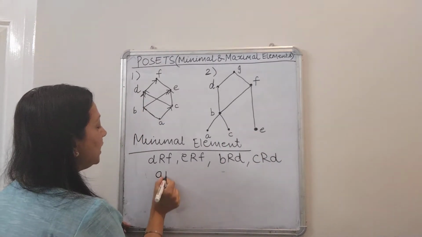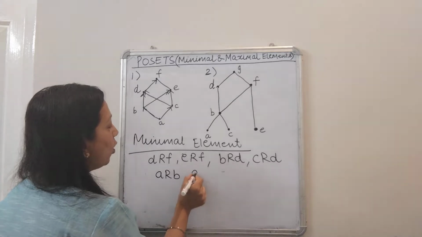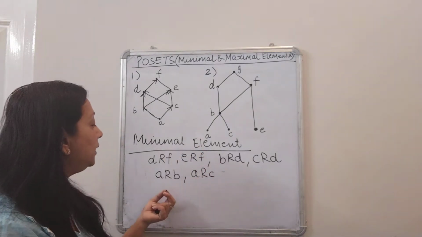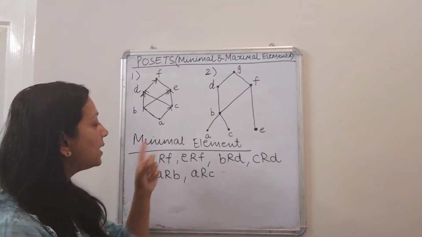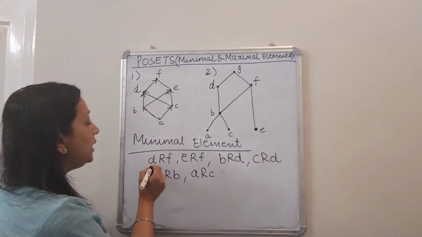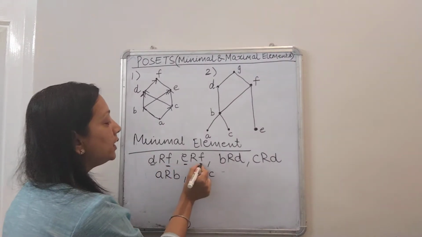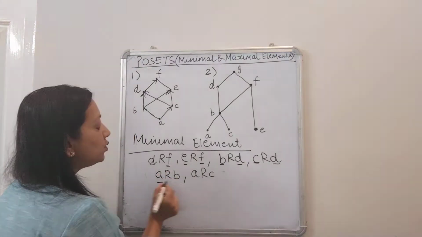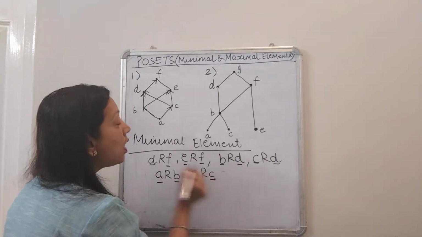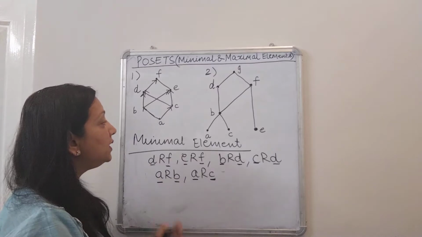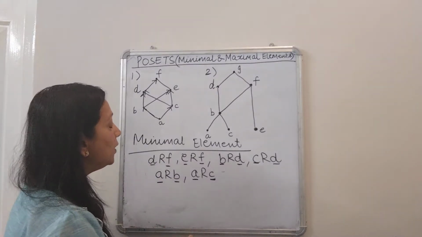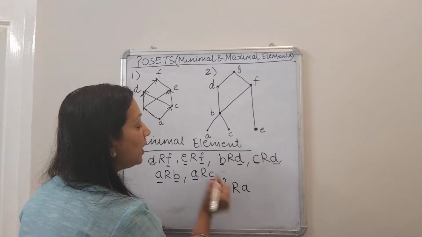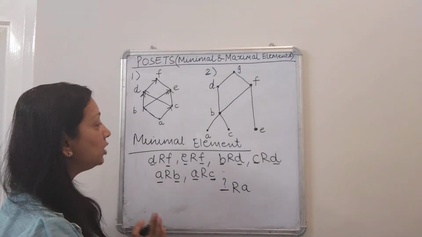I also know that A is related to B and A is related to C. So these are the relations that exist in this Hasse diagram: D is related to F, E is related to F, B is related to D, C is related to D, A is related to B and A is related to C. But can you see any element related to A? No. There is no element which is related to A here.